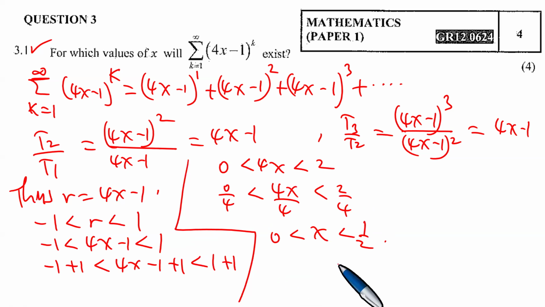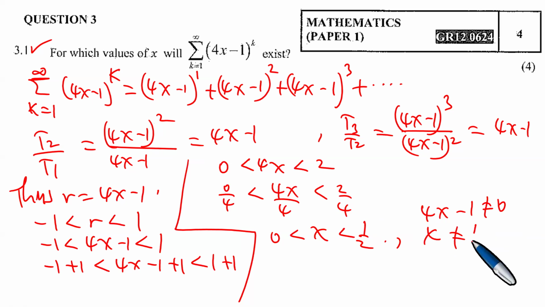This is the answer, but the existence of this summation is subject to 4x minus 1 being different from 0, which means x is different from 1/4.